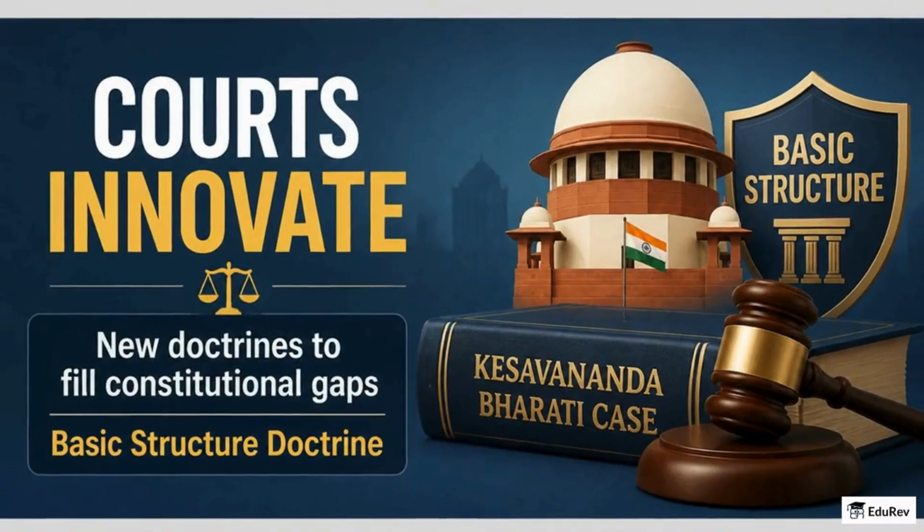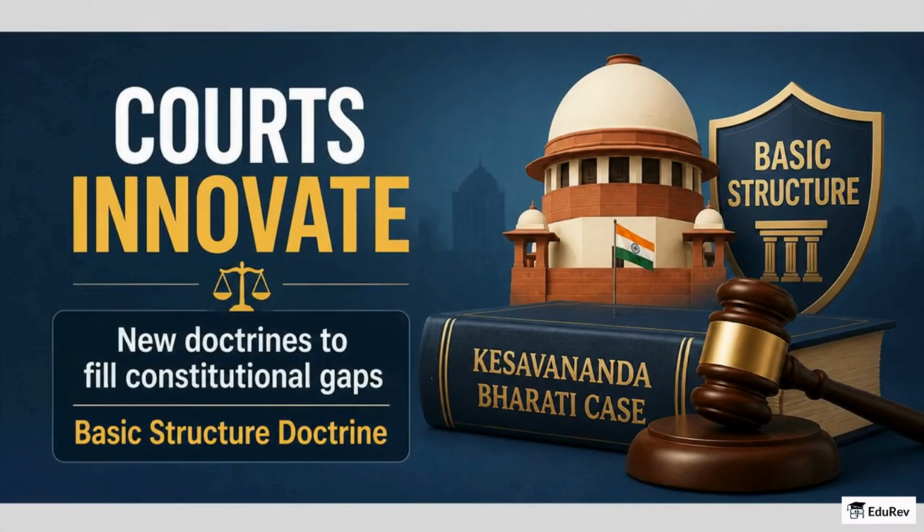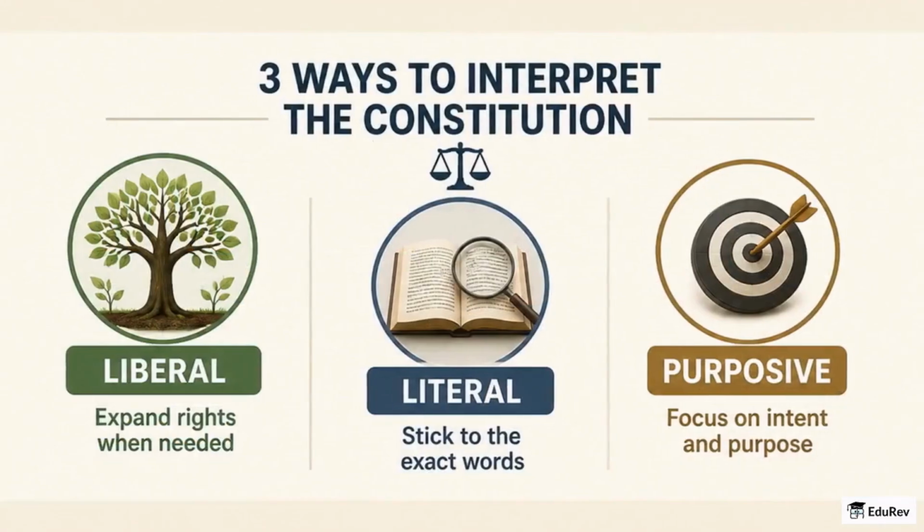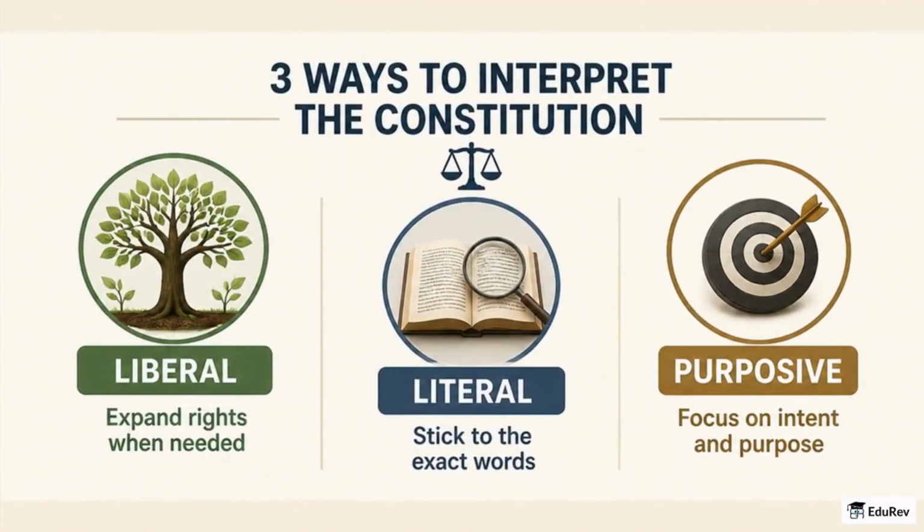Creative interpretation is judicial innovation. Courts evolve new doctrines like the basic structure to address gaps. So cite Kesavananda Bharati as the classic example. Practically, use liberal interpretation when rights need expansion. Stick to literal meaning when textual clarity is decisive. And apply purposive reasoning when intent matters to the issue.